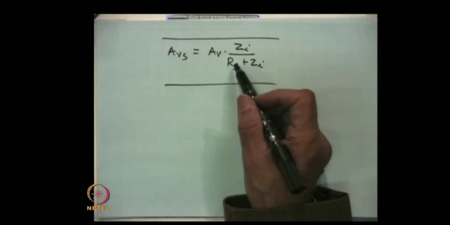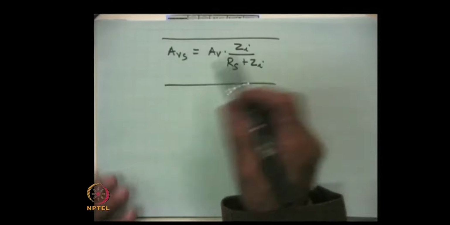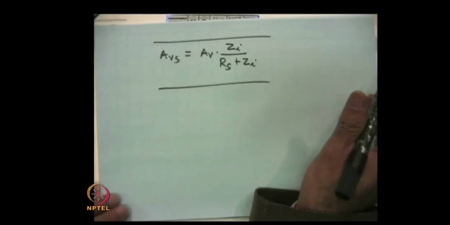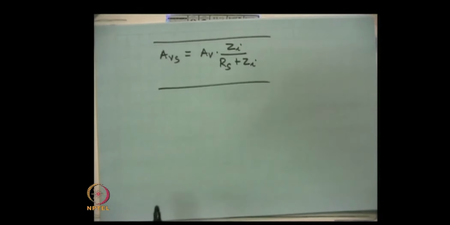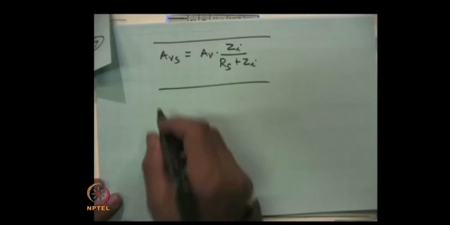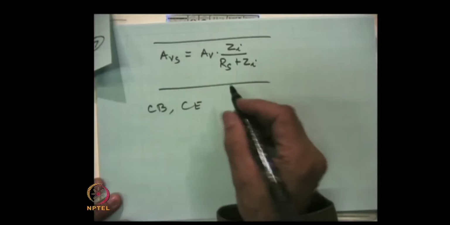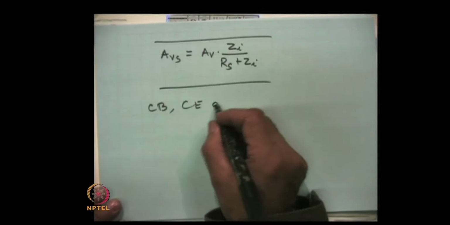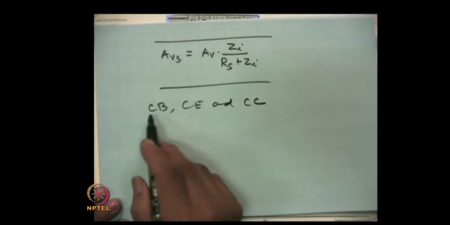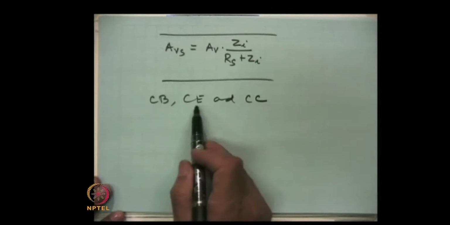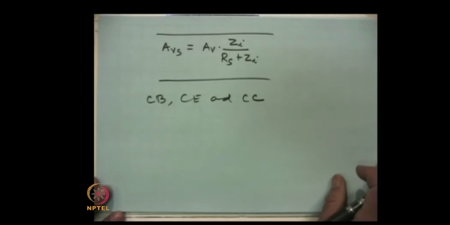And we can generalize these expressions. As I said, these equations which we have obtained for all the current gain and voltage gain are applicable to all the three cases: common base, common emitter and common collector circuit.